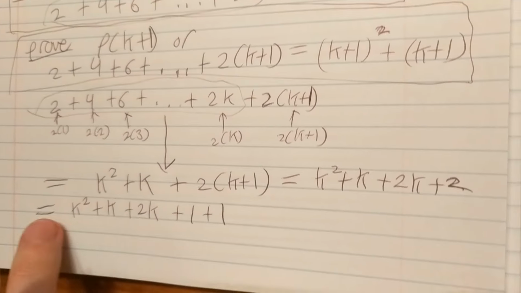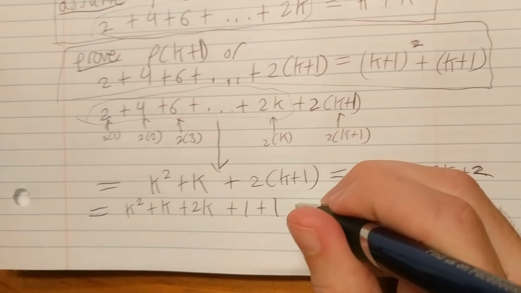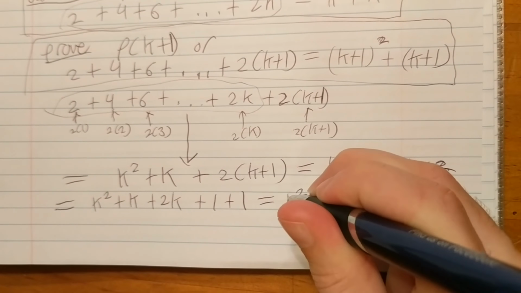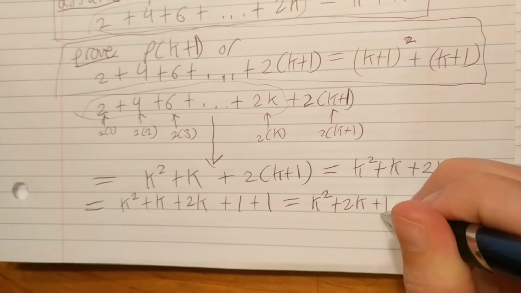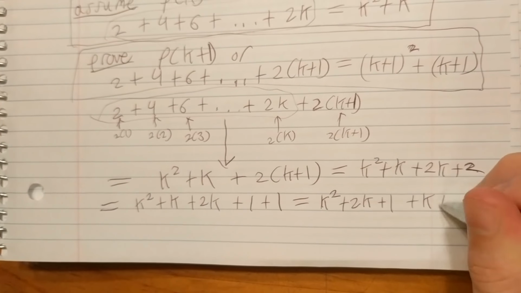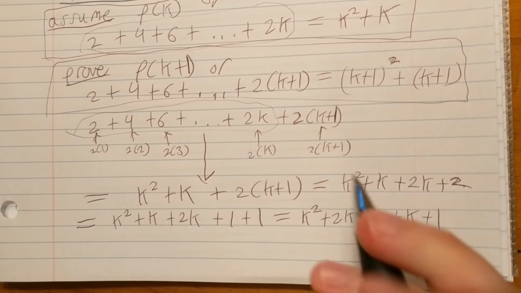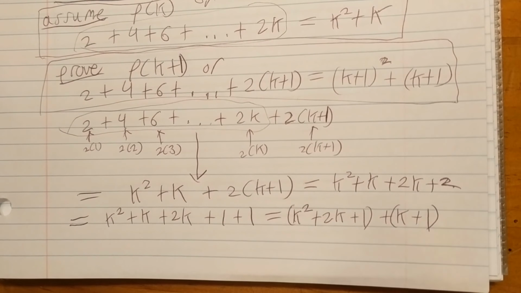And then I'm going to rewrite this where I rearrange these terms. So I'm going to rewrite it as k squared plus 2k plus 1 plus k plus 1. So basically this is equal to this. I'm just rearranging the order the terms appear, and I'm going to group them with parentheses to make it more clear what I'm trying to do.